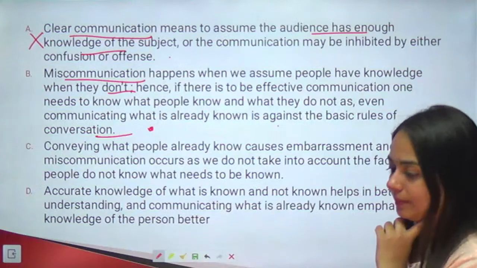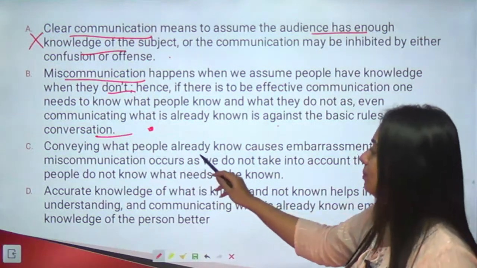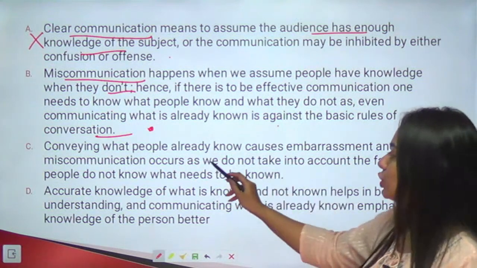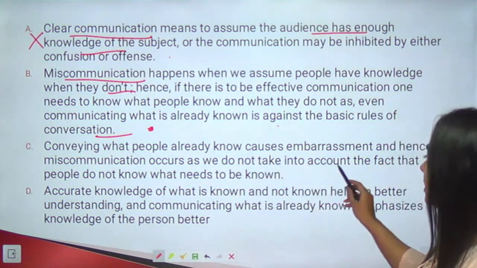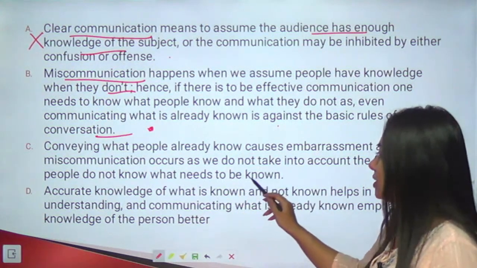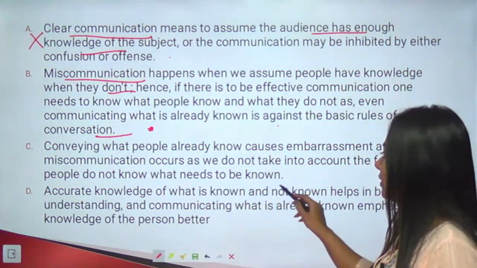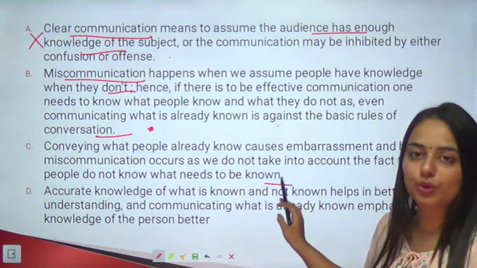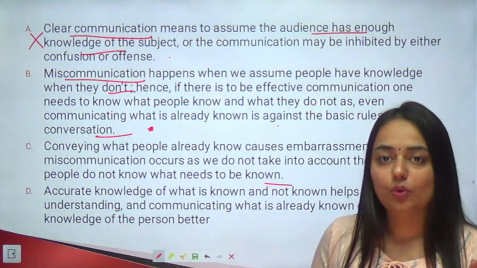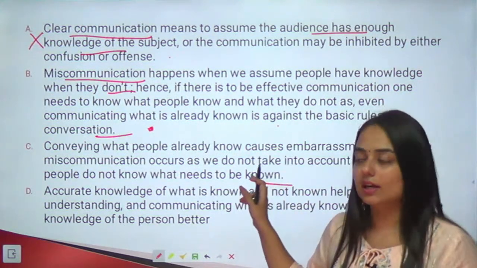Let's keep it. Conveying what people already know causes embarrassment, and hence miscommunication occurs as we do not take into account the fact that people do not know what needs to be known. Now, what is this particular option doing? As such, there is nothing wrong in option C, but it misses out on the second point.